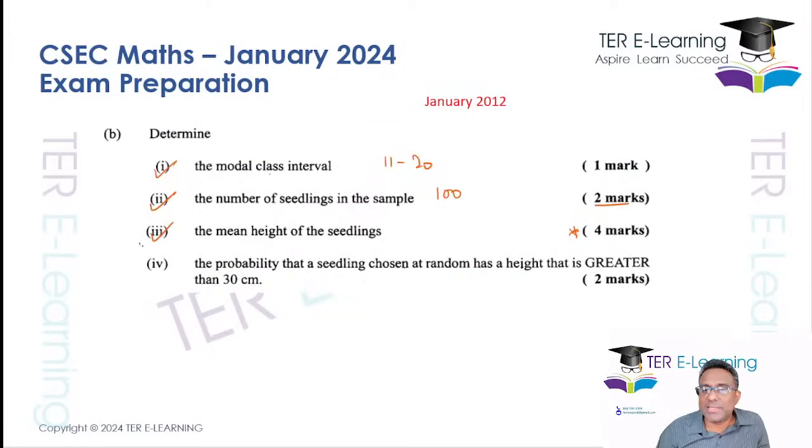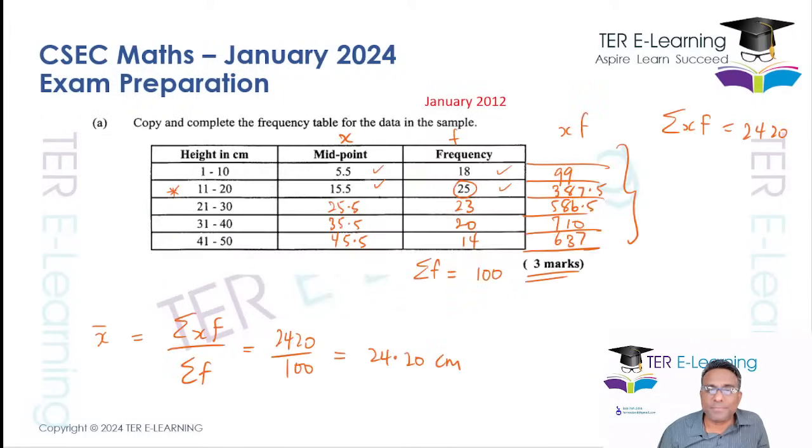And the last part of the question, they want to work out the probability that a seedling chosen at random has a height greater than 30 cm. So we need to go to our table.